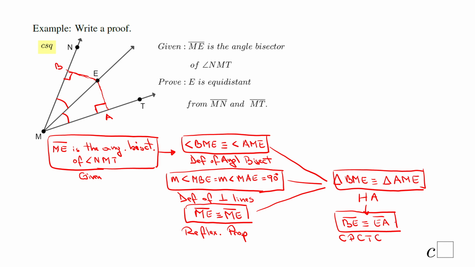And now obviously that means what we need to prove: E is equidistant from those two sides. Okay, and the reason will be here the definition of distance, I guess. So I'm going to put here definition of distance.